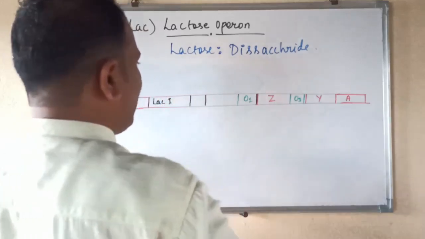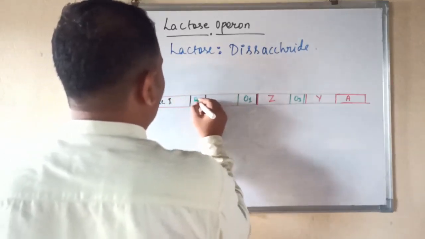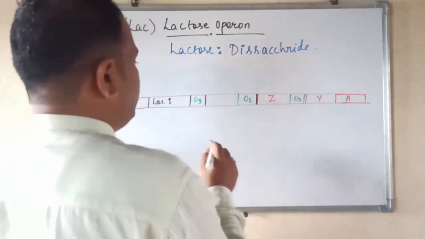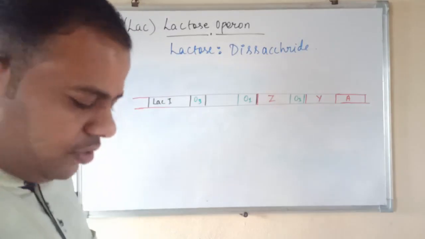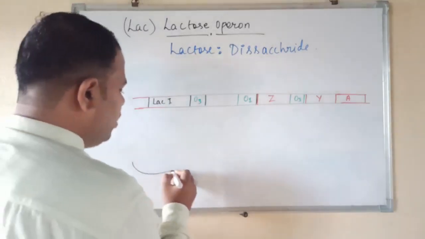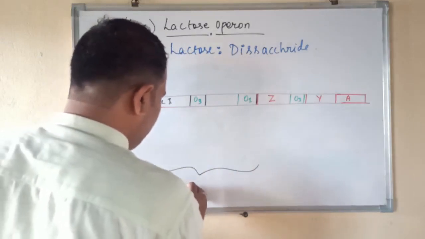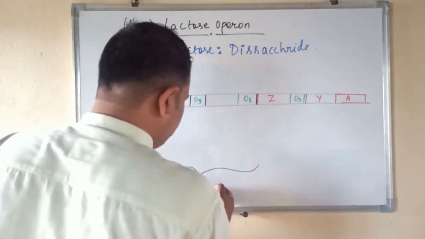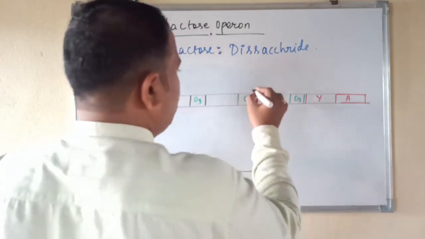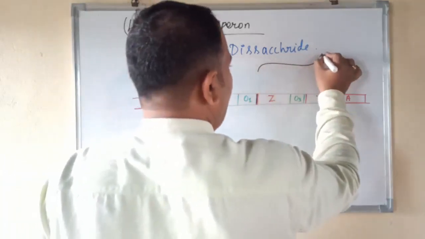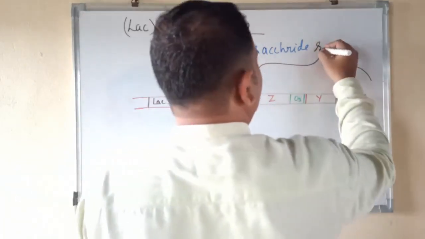In the Lac I gene there is another operator, O3. So there are three operator regions. The elements present prior to the structural genes are called regulatory elements, and the elements present after the regulatory elements are called structural genes.